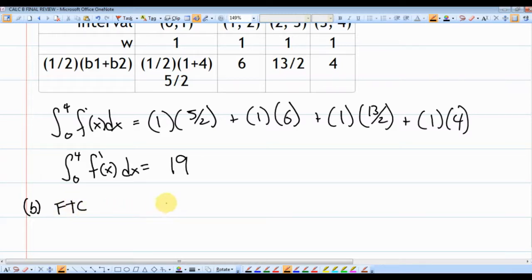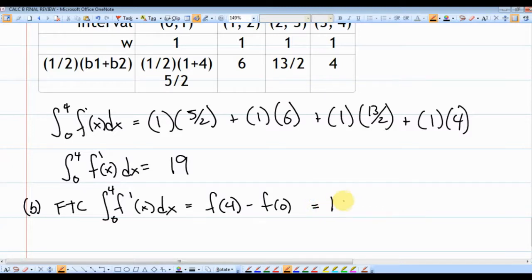Using the fundamental theorem of calculus, the integral from 0 to 4 of f prime of x dx is equal to f of 4 minus f of 0, right? And that should be approximately equal to 19.